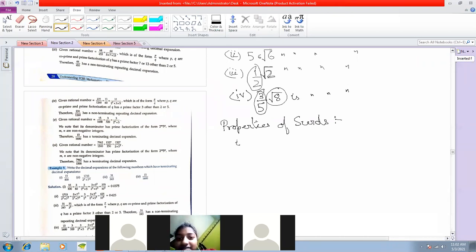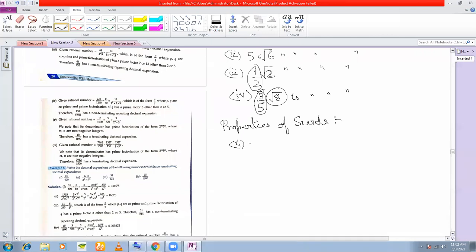The first property of surds is that the nth root of a number a, when raised to the power of n, must be equal to a. If you see, the order of the radical here is n and it has been raised to the power of n. So the resulting number that we are getting is a.